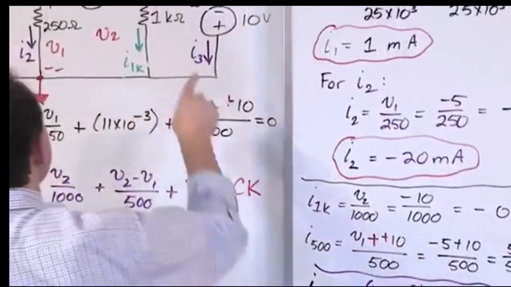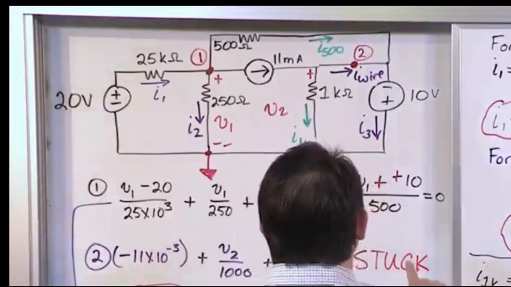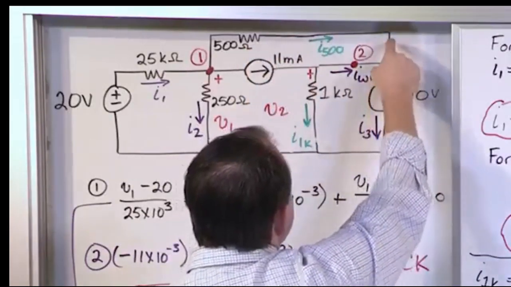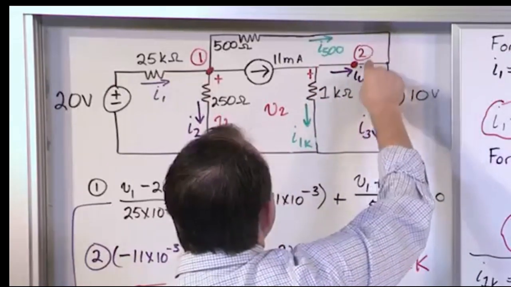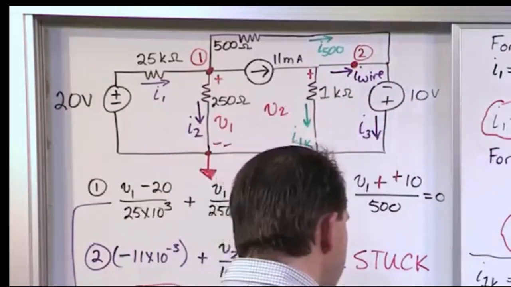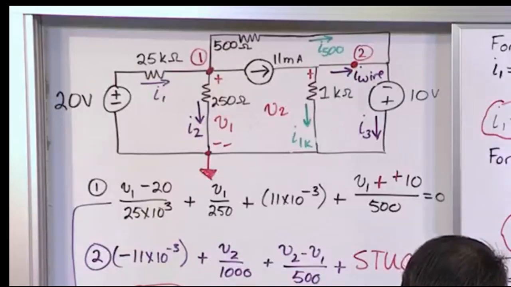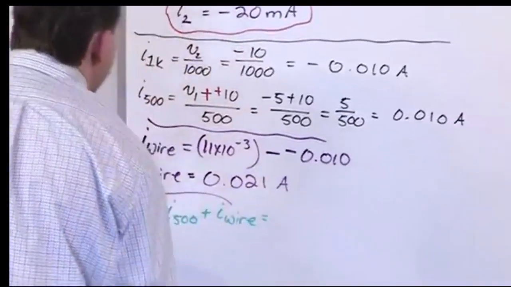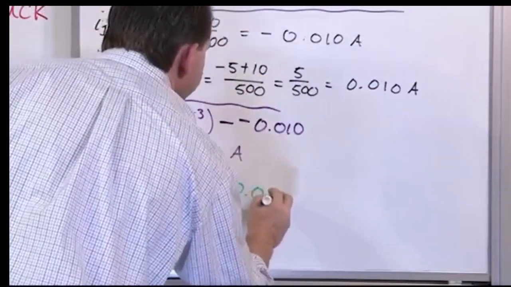Okay, that's the current flowing through that wire. And when I say flowing through it, I mean flowing through it in this direction. So now it's very simple to see what happens, because I have the current going through this 500 ohm resistor into this node, combining with the current that's flowing through this wire. These two things summed together must be the current flowing through I3. So the way you write that is I3 is equal to I500 plus I wire. I500 is positive 0.010.